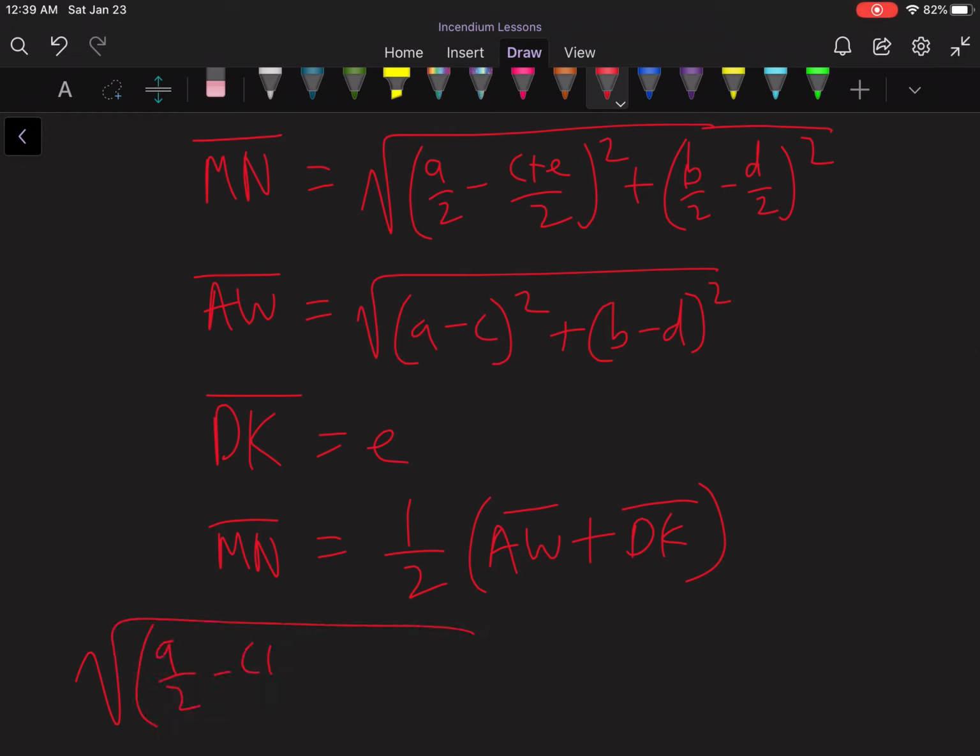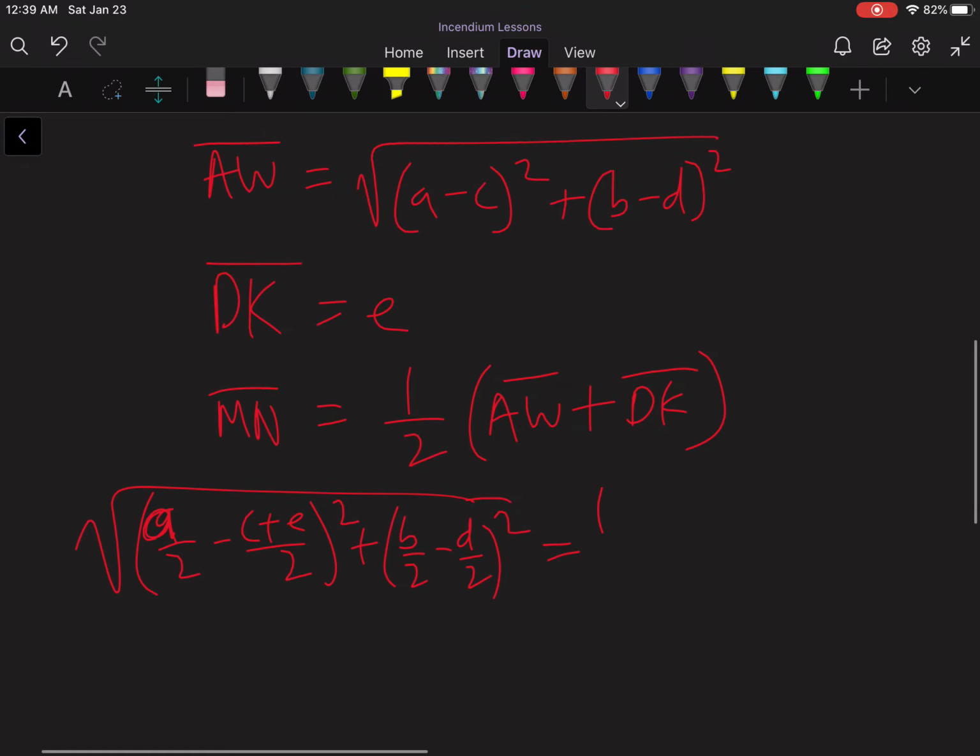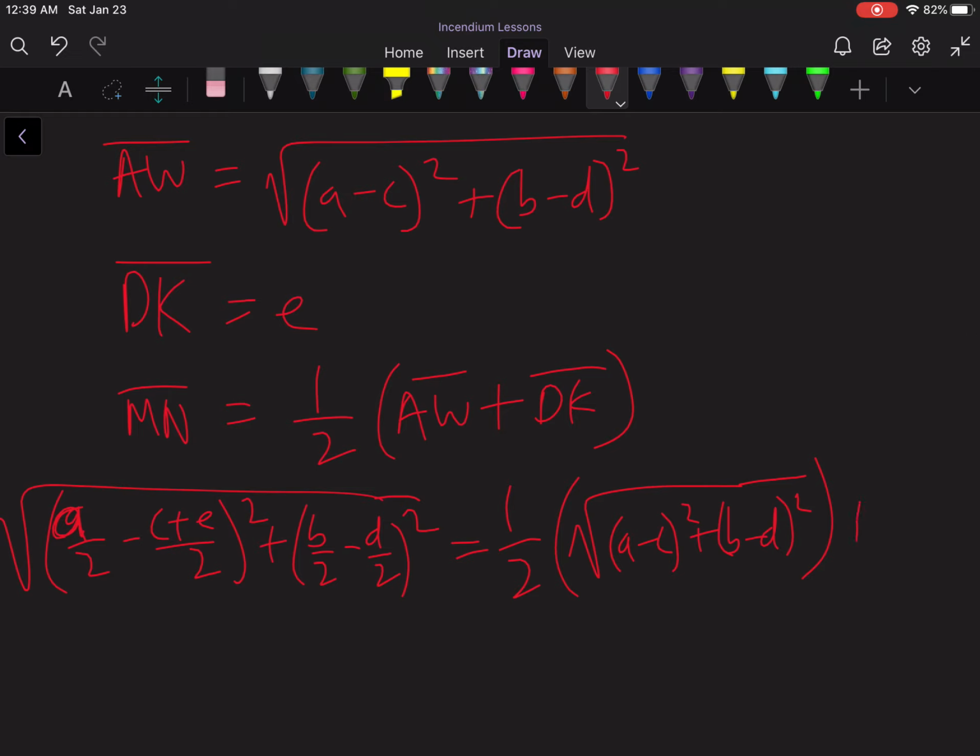A over 2 minus C plus E over 2, this is not a 9, it's a squared, plus B over 2 minus D over 2 squared equals 1/2 the square root of AW, which is A minus C squared plus B minus D squared. Pardon my writing, it's a bit messy. And then plus DK, which is conveniently just E.